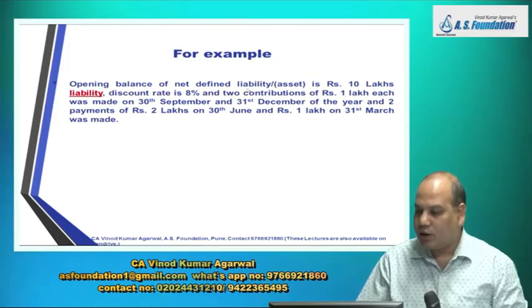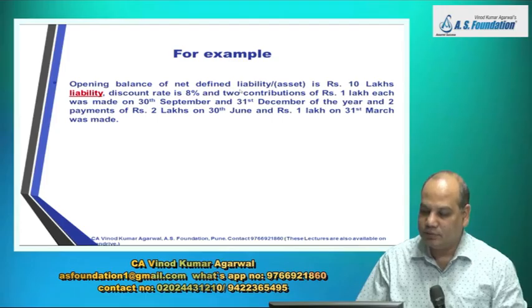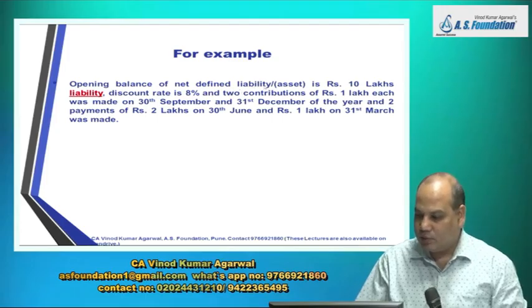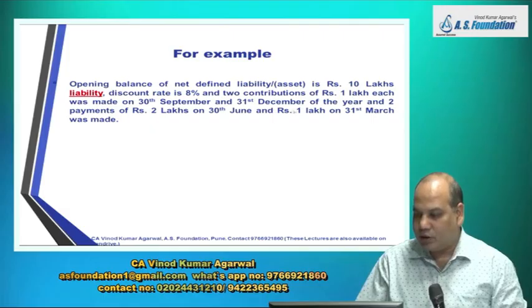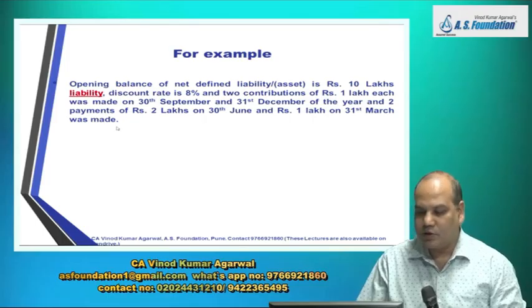This 10 lakh is liability minus asset. Discount rate is 8%, and two contributions of rupees 1 lakh each were made on 30th September and 31st December of the year, and two payments of rupees 2 lakh on 30th June and rupees 1 lakh on 31st March were made.